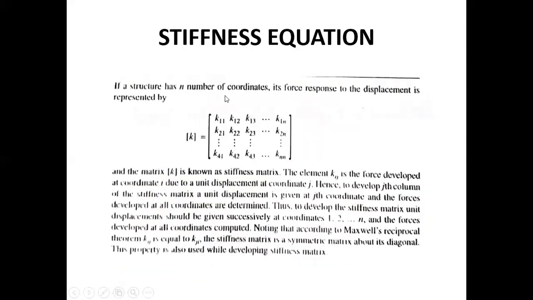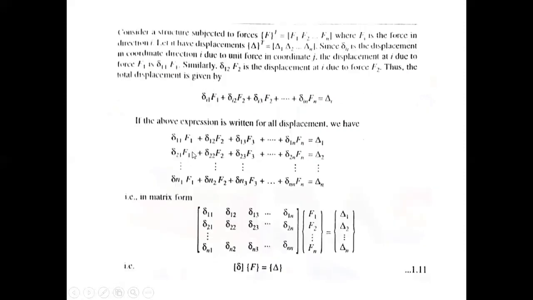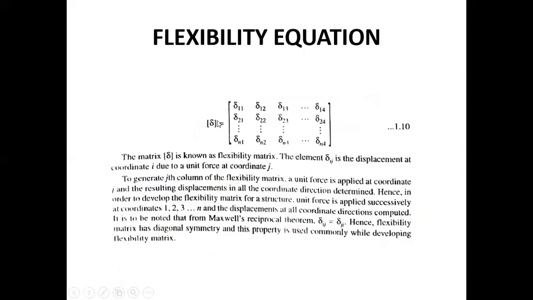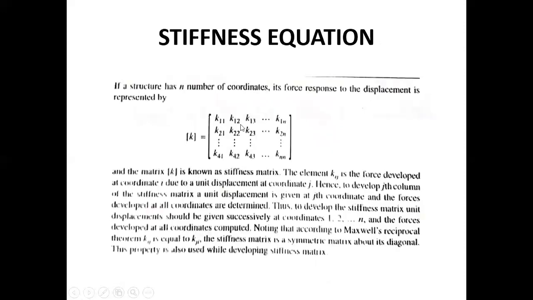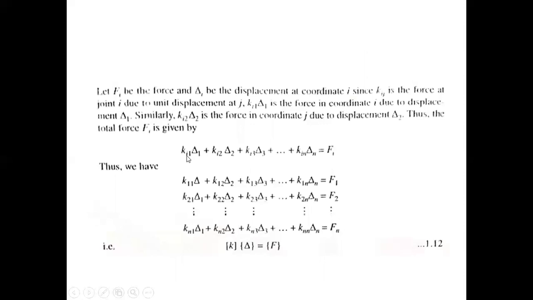In the next slide, we will quickly understand the stiffness equation. Similarly, as in the case of the flexibility equation, the terms i and j are the same here also. In this case also, i represents where we are seeing the displacement, and j represents where the unit load is actually applied. So the matrix k represents the stiffness matrix. It is the same as the flexibility matrix, except that instead of del in the case of flexibility, here it will be stiffness, that is k.